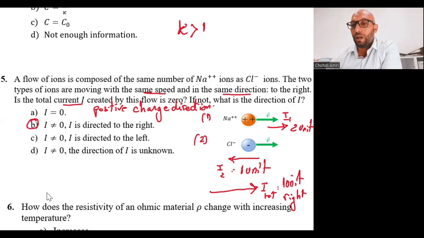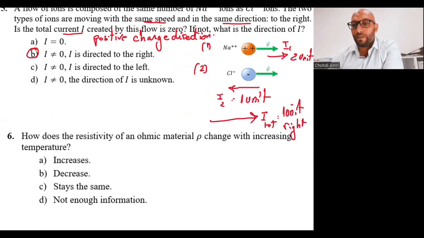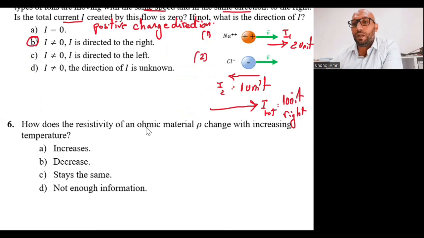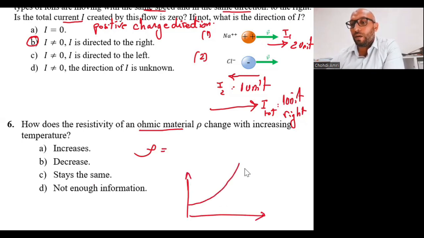Very good. Let's continue. Question 6. How does the resistivity of an ohmic material change with increasing temperature? As you know, the resistivity depends on the temperature for the ohmic material and follows this path. This is the temperature and this is the resistivity.